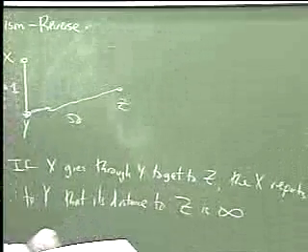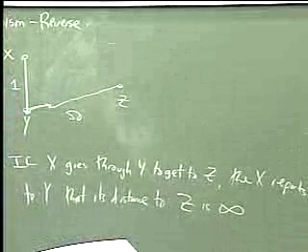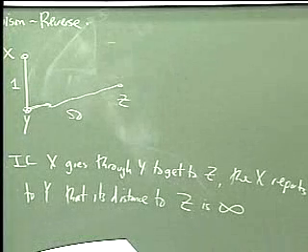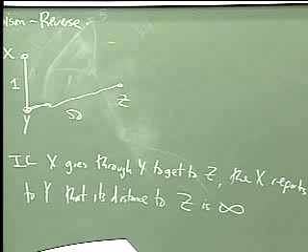Okay, in other words, I'm going through you to get to z. And if you ask me what's my distance to z, I'll tell you it's infinity. Doesn't matter. You don't need to know it. I'm going through you, so you don't want to go through me to get to z, and that's the equivalent of what having distance infinity does. You'd never go through a node to get to a destination if it's reporting distance infinity.